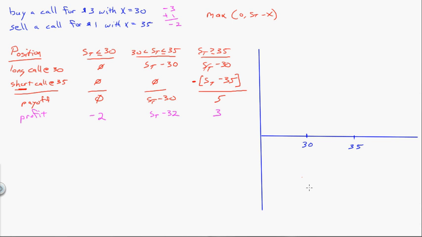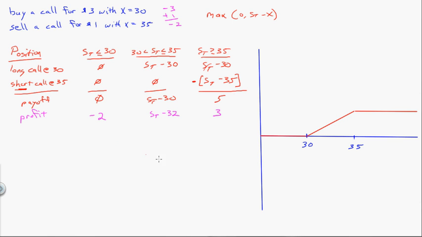First I want to do the payoff. The payoff is going to be 0 if it's less than 30, it's going to be 5 if it's more than 35, and between these 2 points, it's going to look like that.